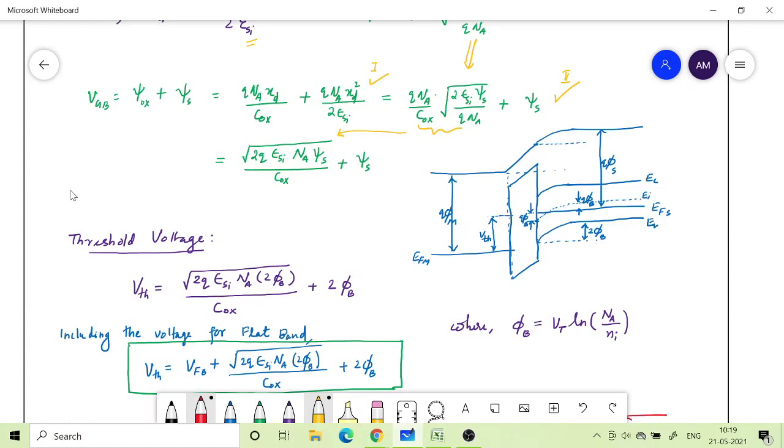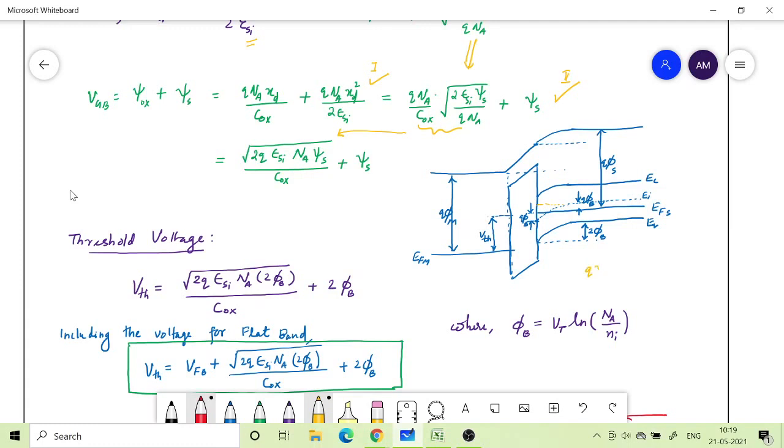If you look at this diagram, I have redrawn the diagram here. Our original Ei was here, and my Fermi level is here, and then the Ei has bent. The amount of bend of Ei is basically what we call psi s. Okay, so that is going to be the voltage drop. In the energy band diagram it will be q times psi s.